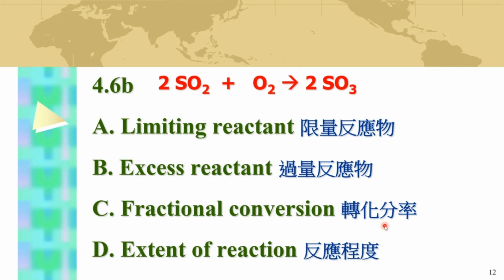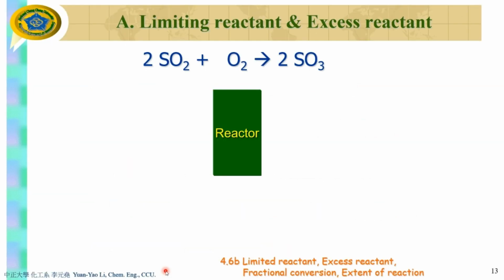I think we talked about this on Monday, before the midterm exam. So this is what we call fractional conversion. And the final term we want to introduce is the extent of reaction.